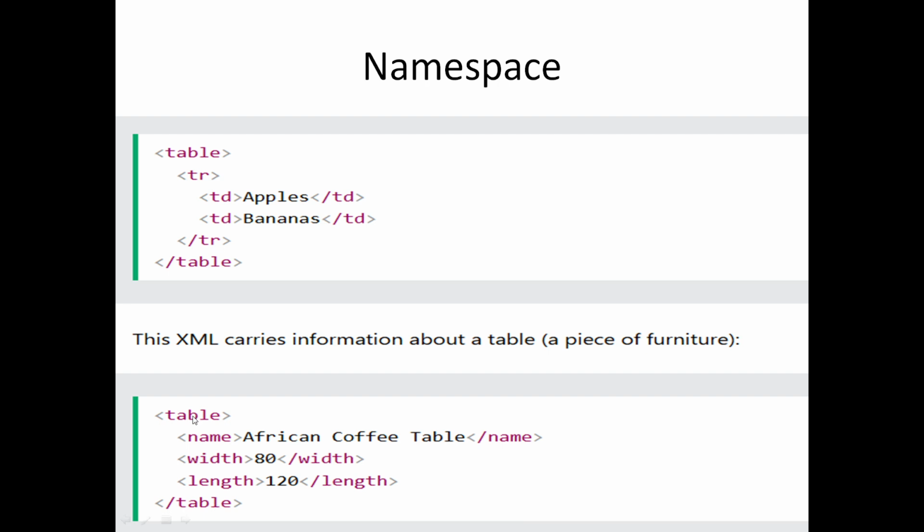Both elements can have the same name in our XML document, but the program is confused about which element we are calling. So XML handles name conflicts by using namespaces, right? So the same element name can be given for multiple elements.